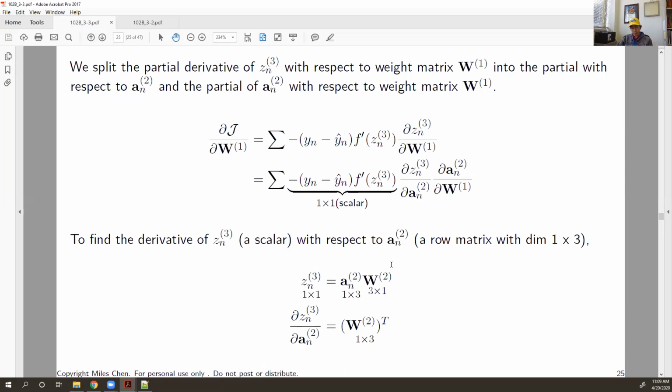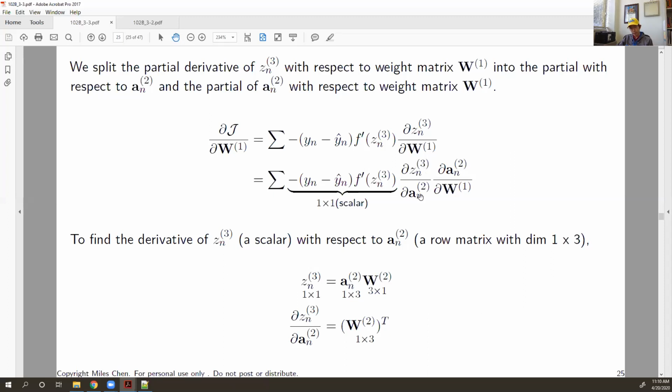Z3 changes with respect to W1 because W1 influences the A2 values. W1 does not influence the W2 values. W1 only influences the A2 values. So Z3 changes with respect to A2, and A2 changes with respect to W1.